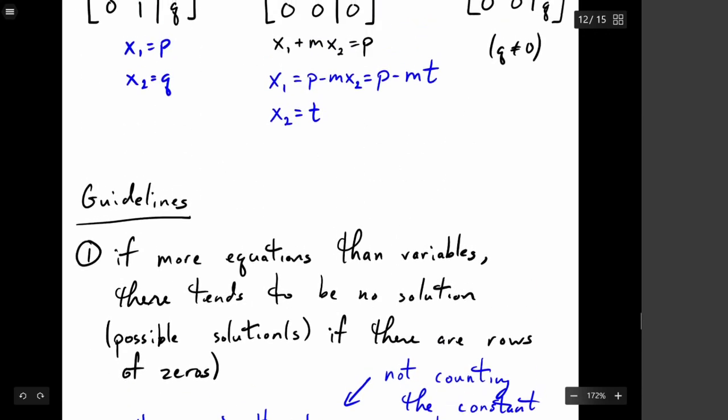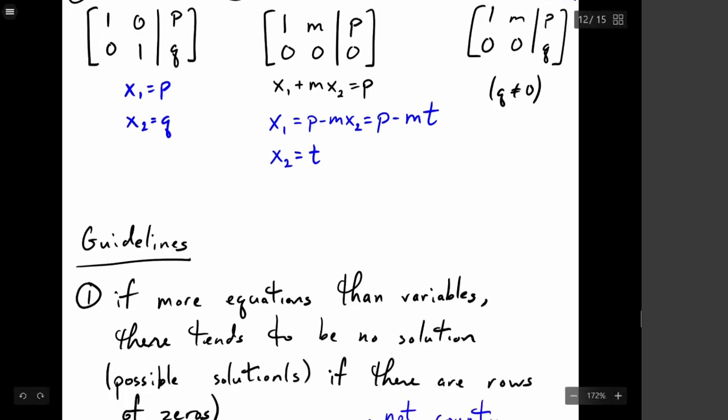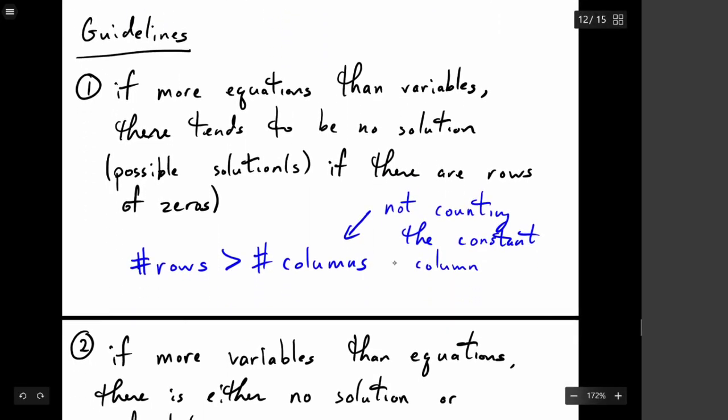The constant column is this one on the right side of the line. Okay? So the last column, we're not counting that one.